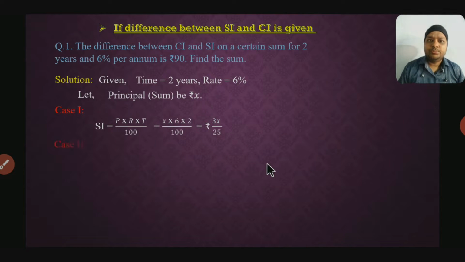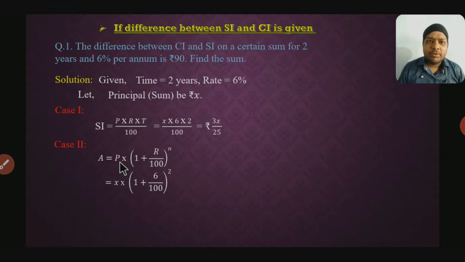So in case 2, at first we will find the amount, then we will find the CI. We know the formula of amount: P into 1 plus R by 100 to the power n. Now the value of P is x, which we have assumed, 1 plus R, 6 by 100, to the power 2 years.